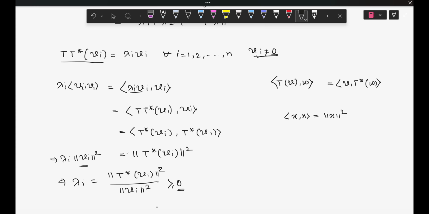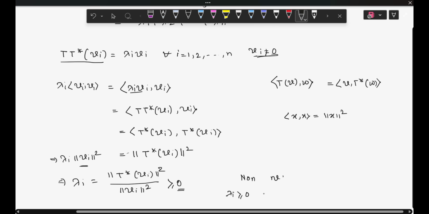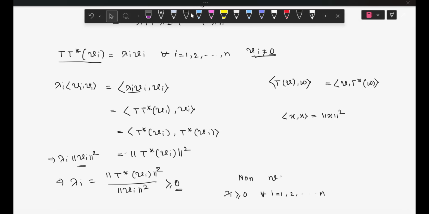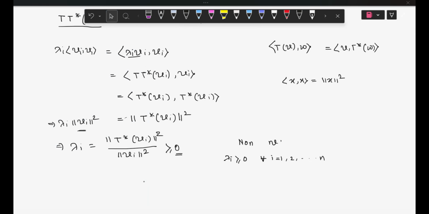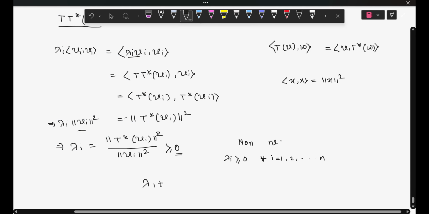So I can say that all eigenvalues of T star are non-negative, right? That is, I can write lambda i is greater than or equal to 0 for all i equal to 1 up to n. But note that trace of T star equal to 0 implies lambda 1 plus lambda 2 up to lambda n is equal to 0.